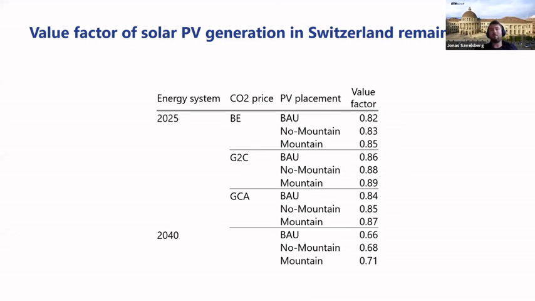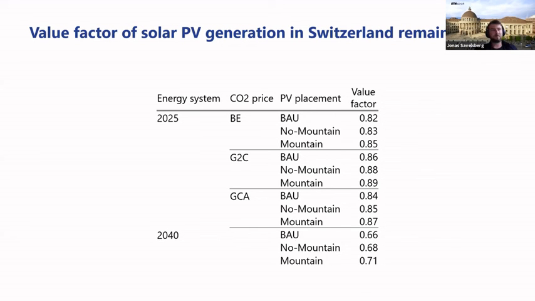But at the same time, we are able to increase these value factors by a few points in these scenarios. And we have also looked at value factors for other countries in Europe of their solar PV generation. We find that in this future electricity system, none of these countries achieve a value factor of 1 or above, apart from Spain, which slightly touches the 1.